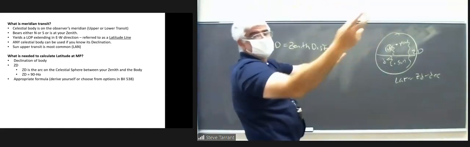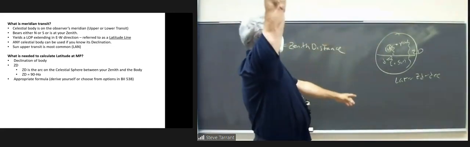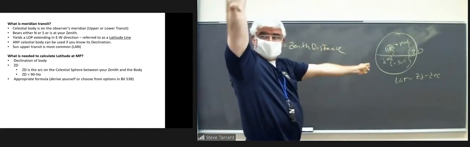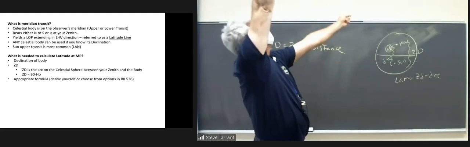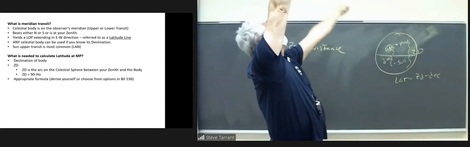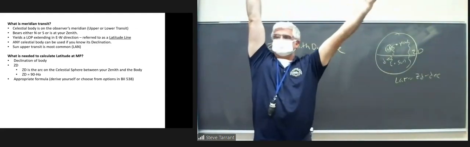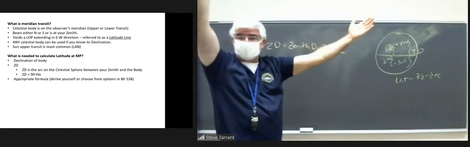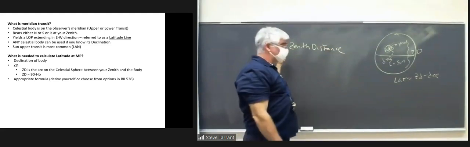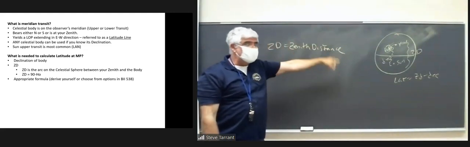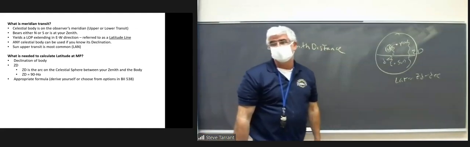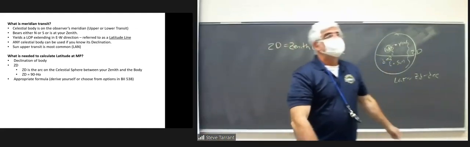If this was noon, daytime, this is my zenith and the sun would be on my meridian, due south of me. If I could measure the angle in space from my zenith to there, how many degrees is that? 40. I can tweak that a little bit, combine it with the declination, and out pops my latitude. Wicked simple.